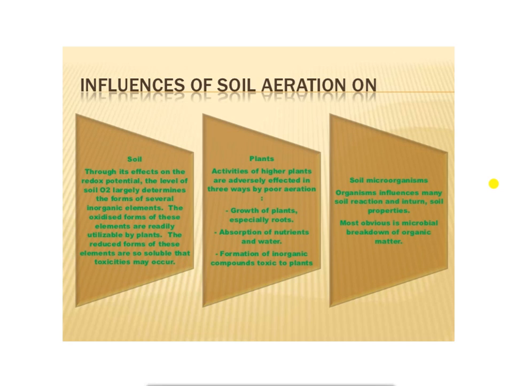Activities of higher plants are adversely affected in three ways by poor aeration. Then the next important influencing factor is soil microorganisms. The organisms influence many soil reactions and in turn soil properties, and have a great influence on soil aeration.